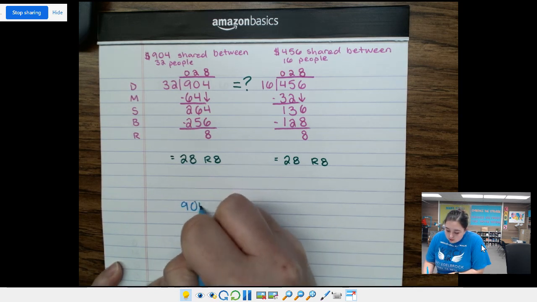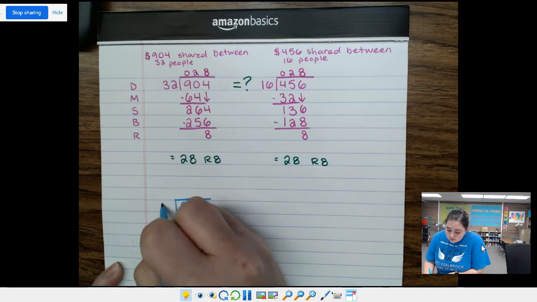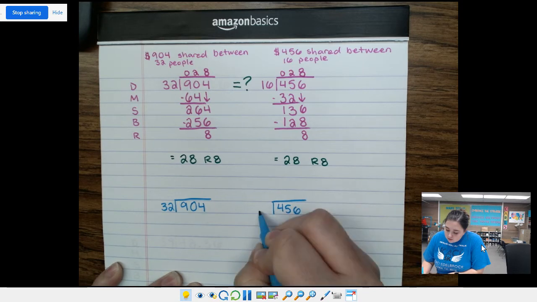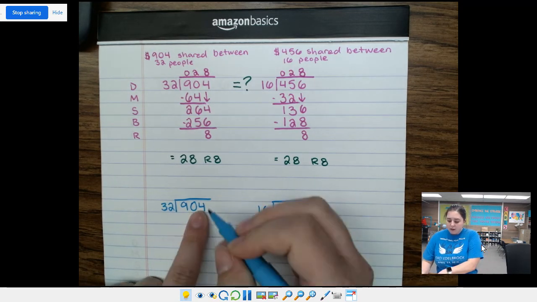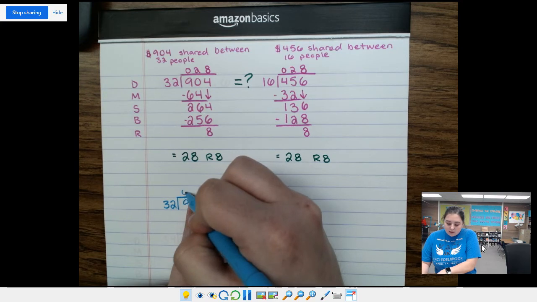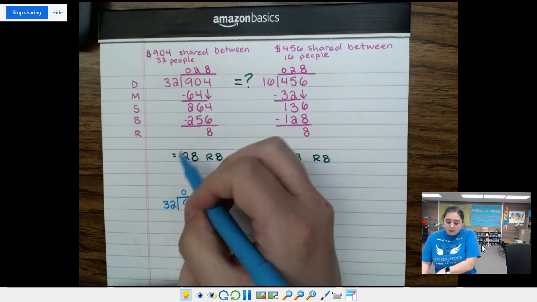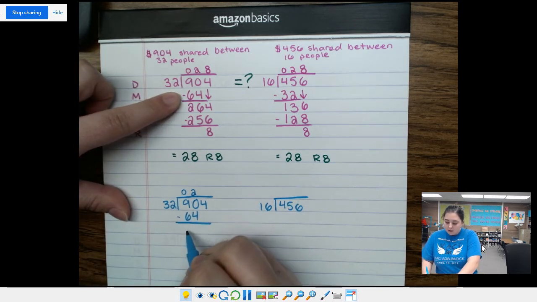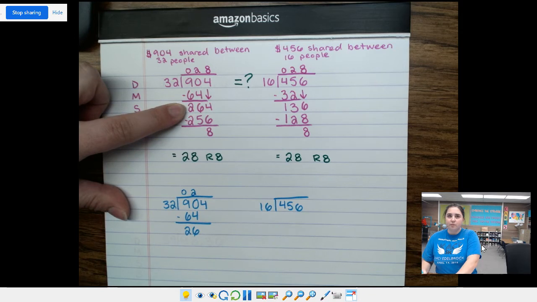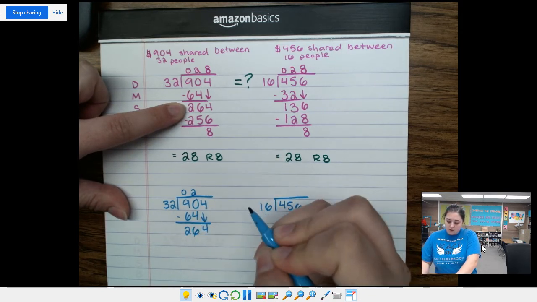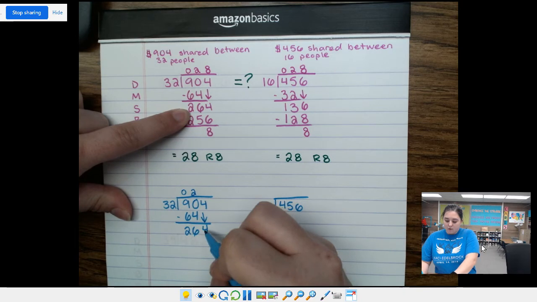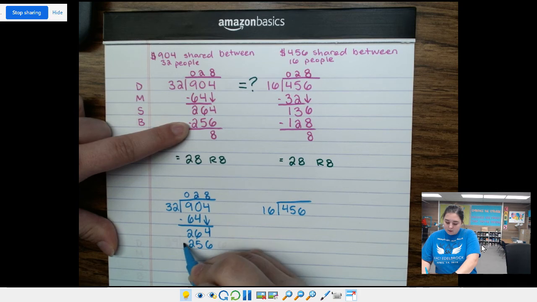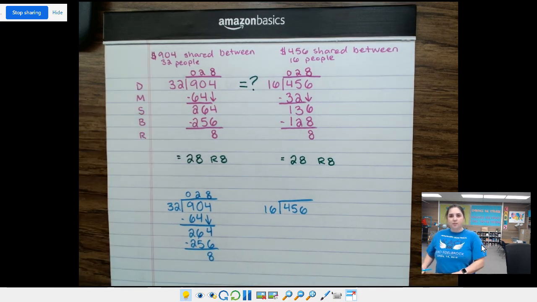So again, I'm going to speed solve. 904 divided by 32 and 456 divided by 16. I already knew 32 can't go into 9, but 32 can go into 90. I said it went in twice, which was 64, and I got 26 when I subtracted, and I brought down the 4, and I said 32 goes into 264 8 times, which was 256, and when I subtracted, I got 8.